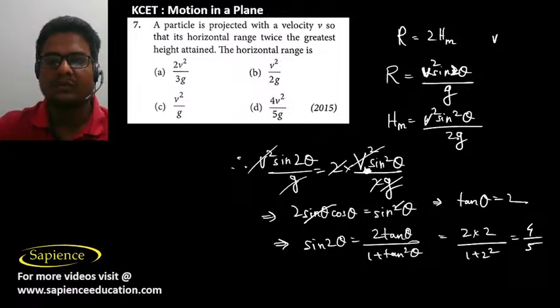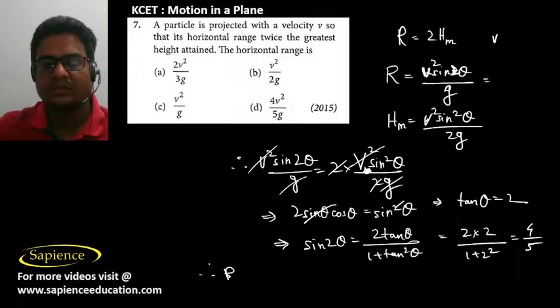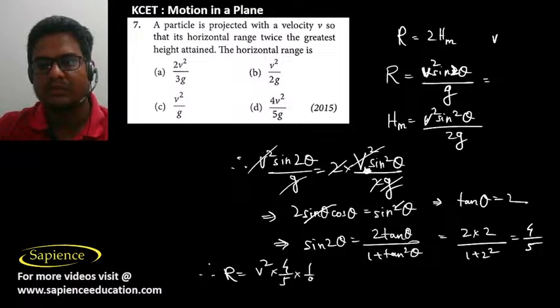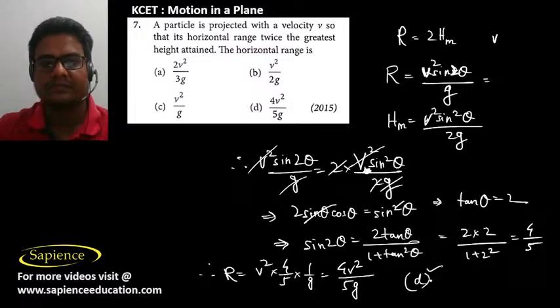Sine 2 theta is 4 by 5. So therefore the range will be v square sine 2 theta by g, that is 4 by 5 into 1 by g, so that is 4v square by 5g. So option D is the correct answer.